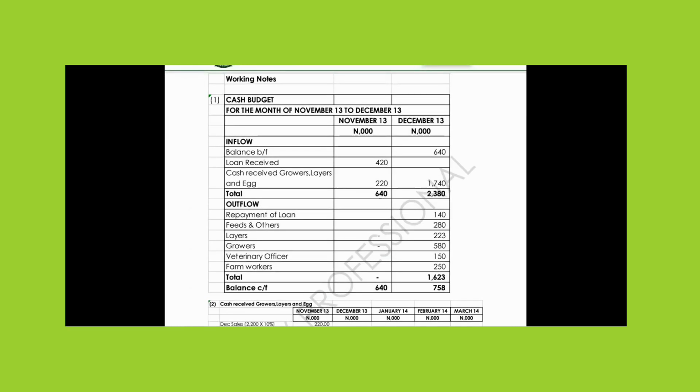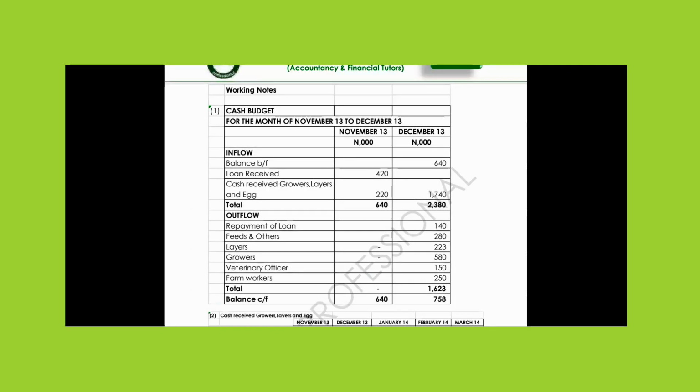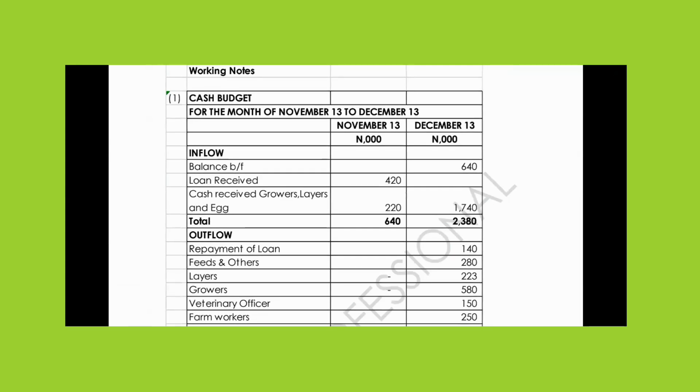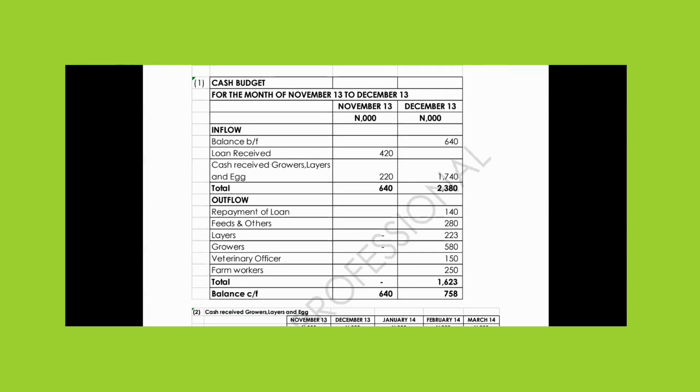In our working note 1, under November, we have a total inflow of how much? 640. Do we have outflow? No, it's okay like this. That means our balance in November to December will be 640. Can we see that balance brought forward in December? Yes.